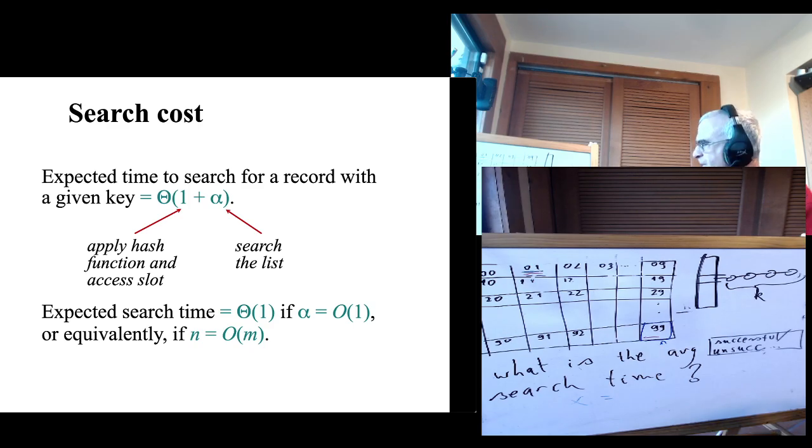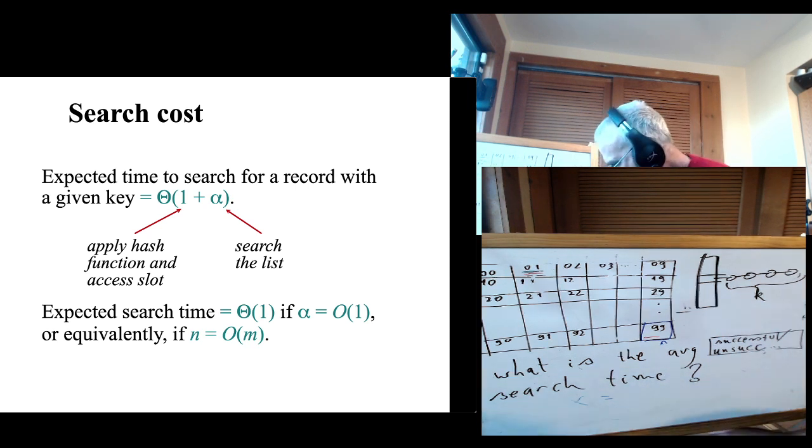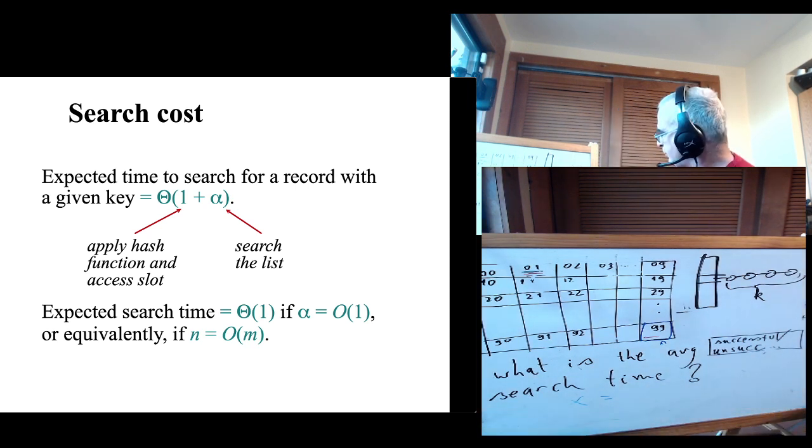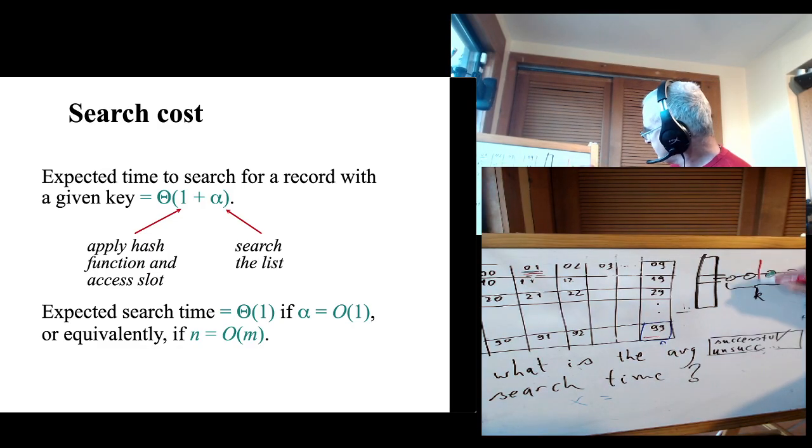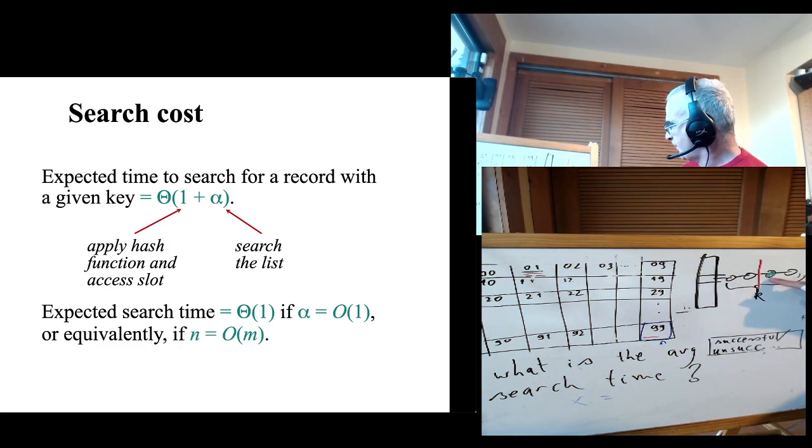It will be k over 2, and the argument of why k over 2 is you can do the exact math, but the intuition is you're looking for one of these elements, one of the keys. Here is a green key that you're looking for. Let's look at the middle of the list.